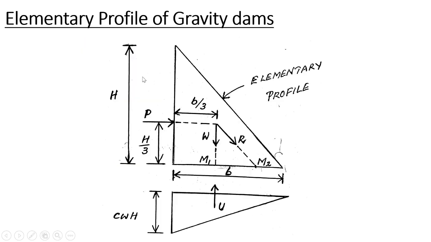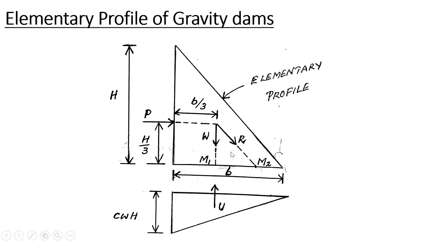Let's read again. When the reservoir is empty, let's see the elementary profile. When the reservoir is empty, there will not be this upstream water height H, means P will be 0. Also, if the reservoir is empty, this uplift pressure will also be 0. Then the only remaining force is the weight of the dam, which will be acting downward.